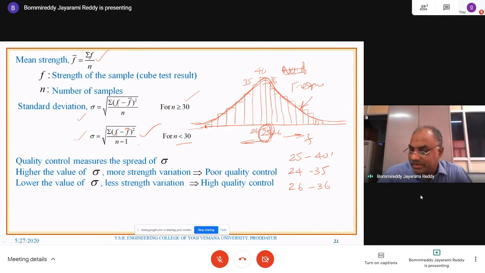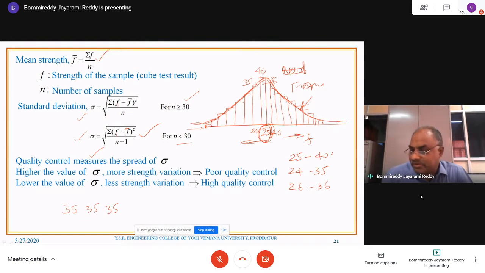And sigma always measures the spread of the values. For example, if the cube strengths are 35, 35 and 35, is there any spread or deviation? No spread of the deviation.